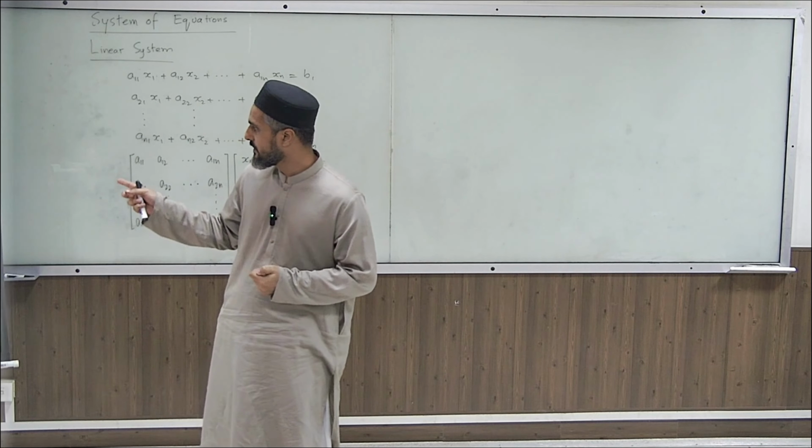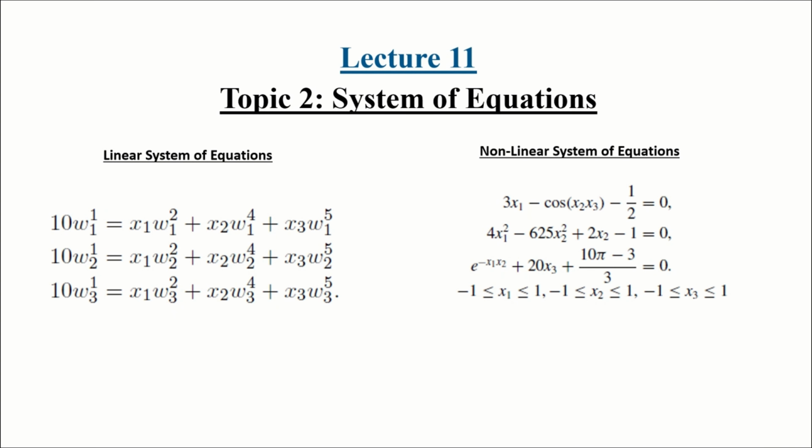The other example you see is an example of the nonlinear system. If you see the second term in the first equation, which is cos of x2 x3, it is a nonlinear term. So that equation is a nonlinear equation, and that is sufficient. If in any system you have one term as a nonlinear term, then that equation will be nonlinear, and ultimately that system will be nonlinear.